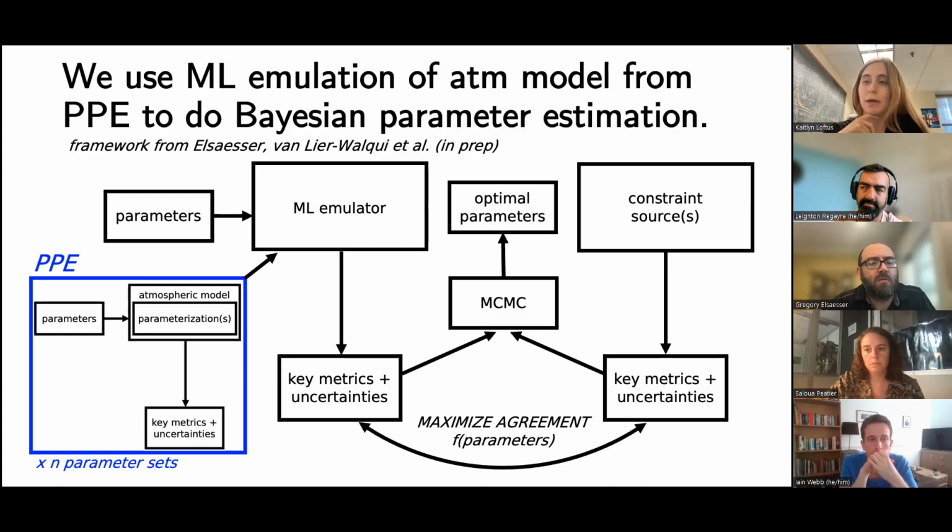We would probably expect that to be fairly small in these kind of domain and time averaged metrics that we're using here. But if you were using individual grid point values, that noise might be quite substantial. I see. Okay, thank you.